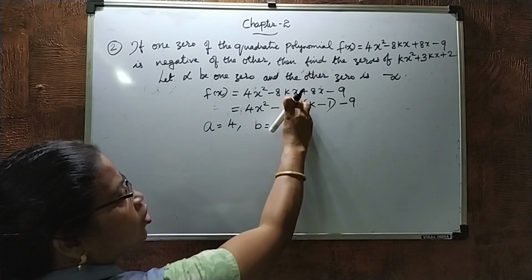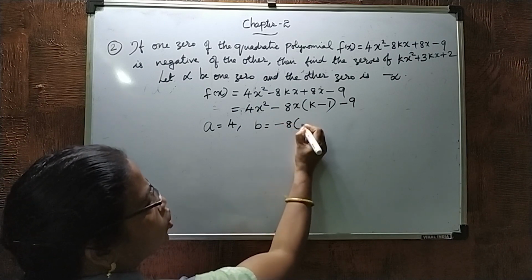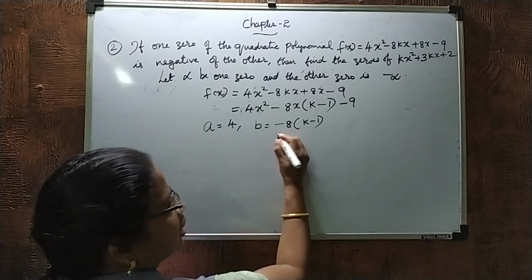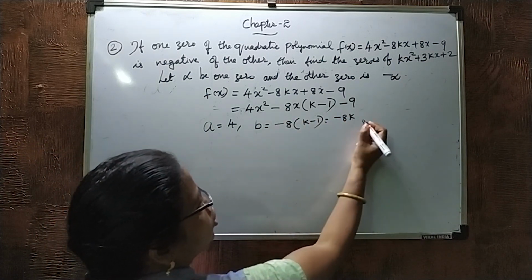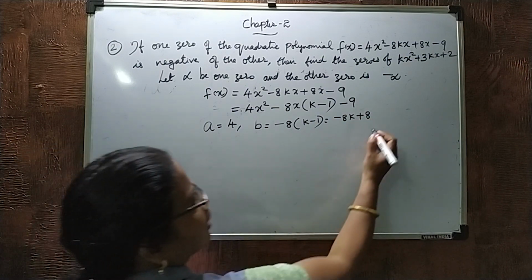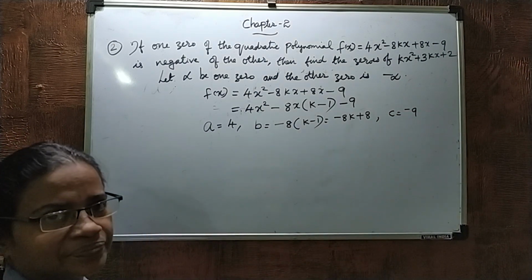So when you avoid this x, the balance will be negative 8 into (k minus 1). This can be written as negative 8k, minus into minus plus 8 into 1 is 8. Then next, what is c? c is equal to negative 9.